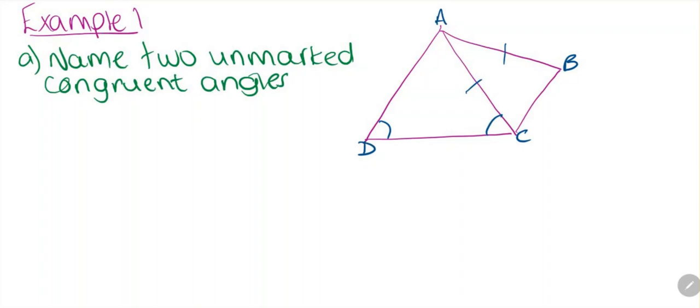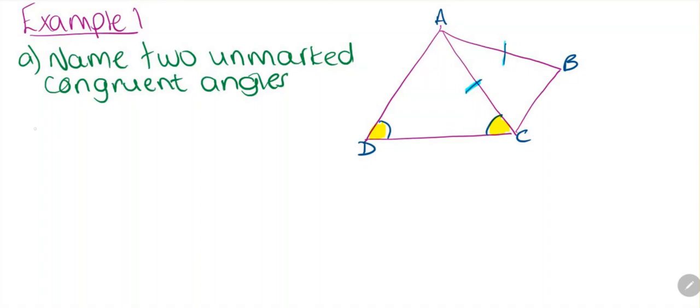So these here are marked, so we can't use these two angles. But if we look at our diagram, we can see that these here say that these legs, so AC, is congruent to AB. So let's write that down.